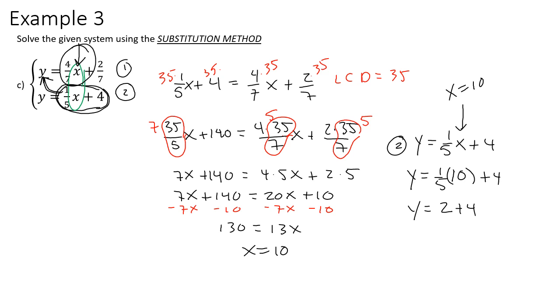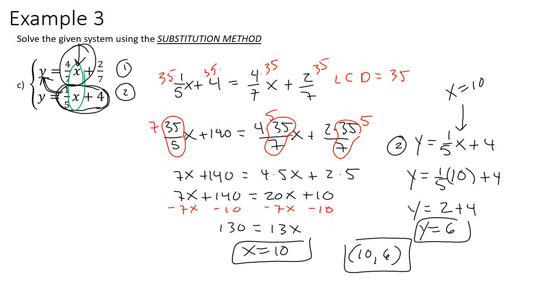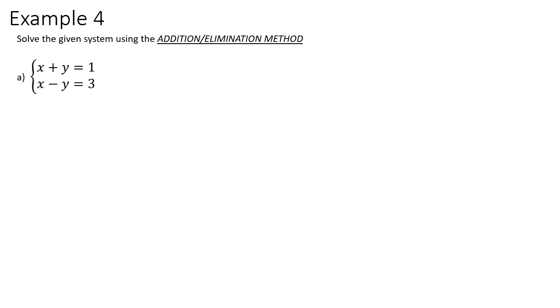So equation 2 was a better choice. So I can write the answer like that, or as an ordered pair, 10, 6. Either one would be fine. So if I were to graph those two equations, I would find that they would intersect at the point 10, 6.